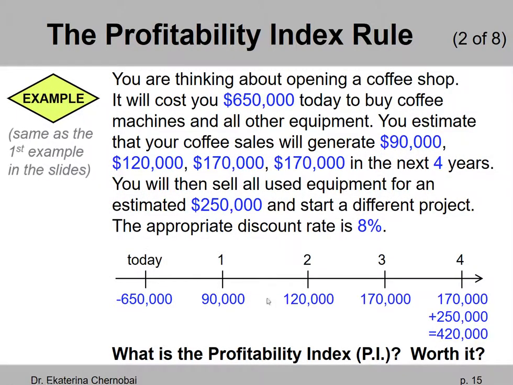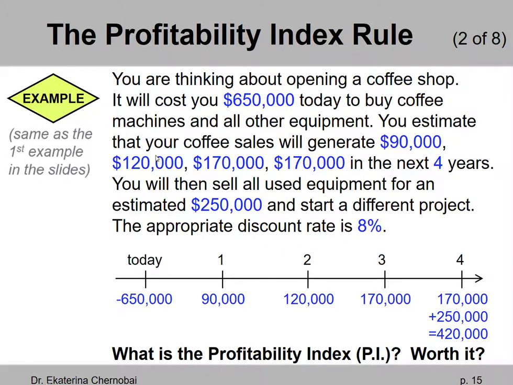Let's look at exactly the same numerical problem that we used to calculate the net present value. So again, you're thinking about opening a coffee shop. It will cost you $650,000 today to buy coffee machines and all other equipment.